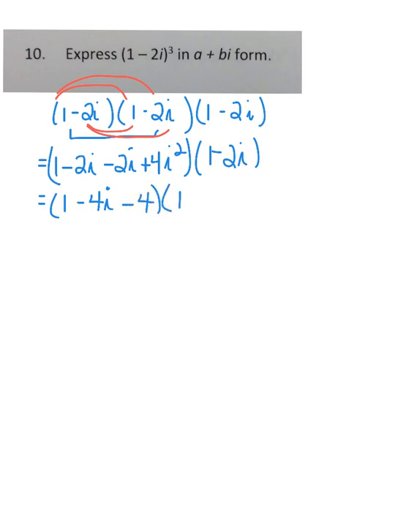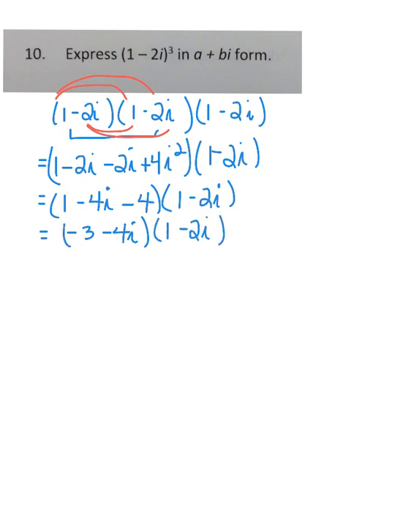And then times 1 minus 2i. Just keep bringing that down for now. All right, last thing on the left parentheses, I can do 1 minus 4. So that's going to give me negative 3, and this would be minus 4i. And now I have 1 minus 2i brought down again.